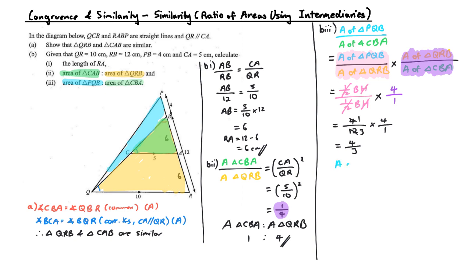Area of triangle PQB to the area of triangle CBA would be 4:3. You get it? So use the intermediary here, which is QRB, to find two different fractions, and then you combine the fractions together to get this. Okay, go and try some more later on.